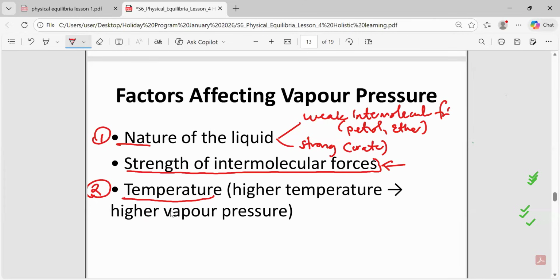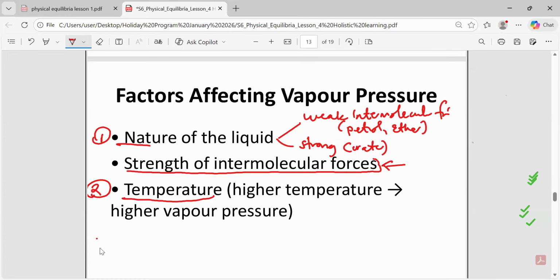Because higher temperature gives particles more kinetic energy, so more escape into the vapor phase. I believe that becomes very clear. So that's how we can explain those two factors that affect vapor pressure.